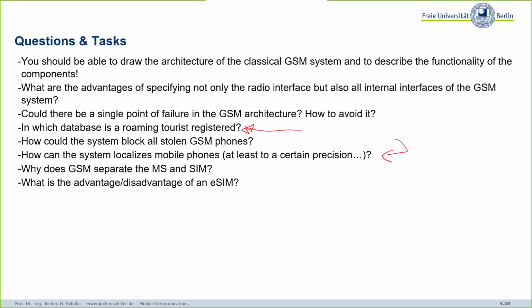It's not the wireless LAN fingerprinting you use today. I will come back to this when we cover wireless LANs. So how can you localize, and how precisely? Triangulation with different base stations.